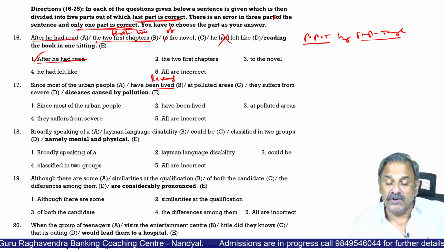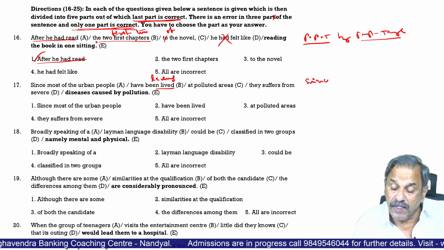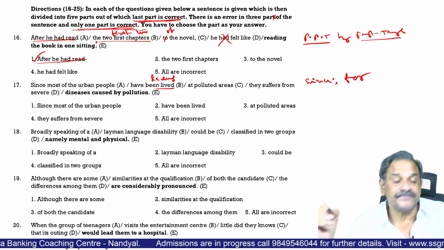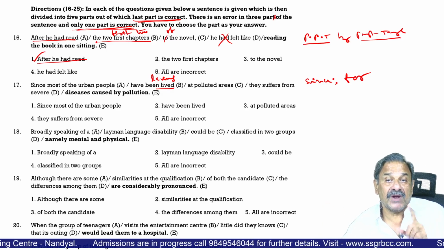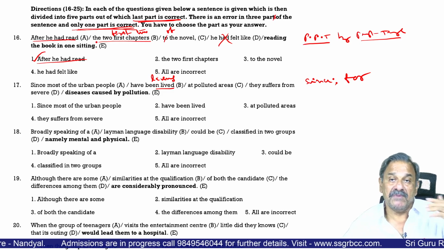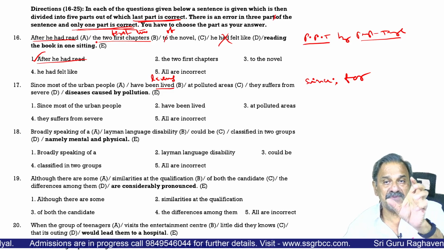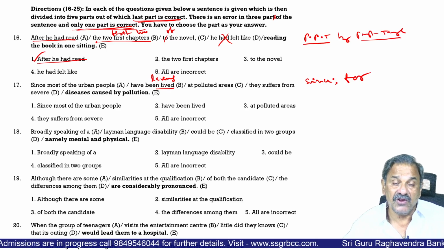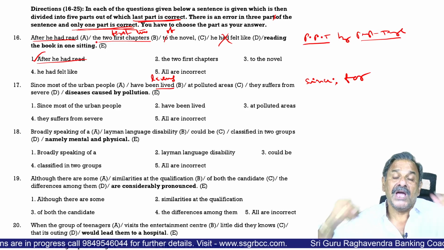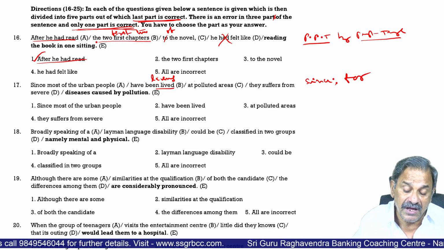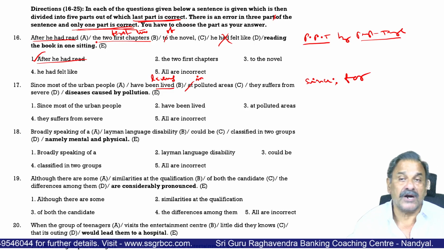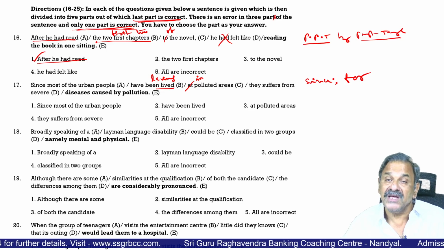Whenever you see 'since', we may use perfect tense or perfect continuous tense, present or past as per the context. Here, since most of the urban people have been living in polluted areas, not 'at polluted areas', they suffer.